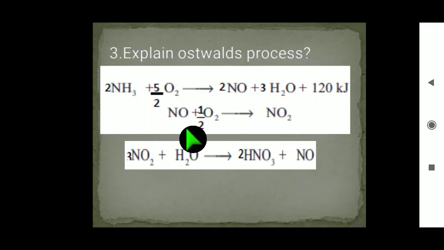When oxidation occurs, they form nitrogen dioxide. So nitric oxide turns to nitrogen dioxide. It is oxidation. In the third step, nitrogen dioxide is passed with water. They give nitric oxide NO and nitric acid HNO3.